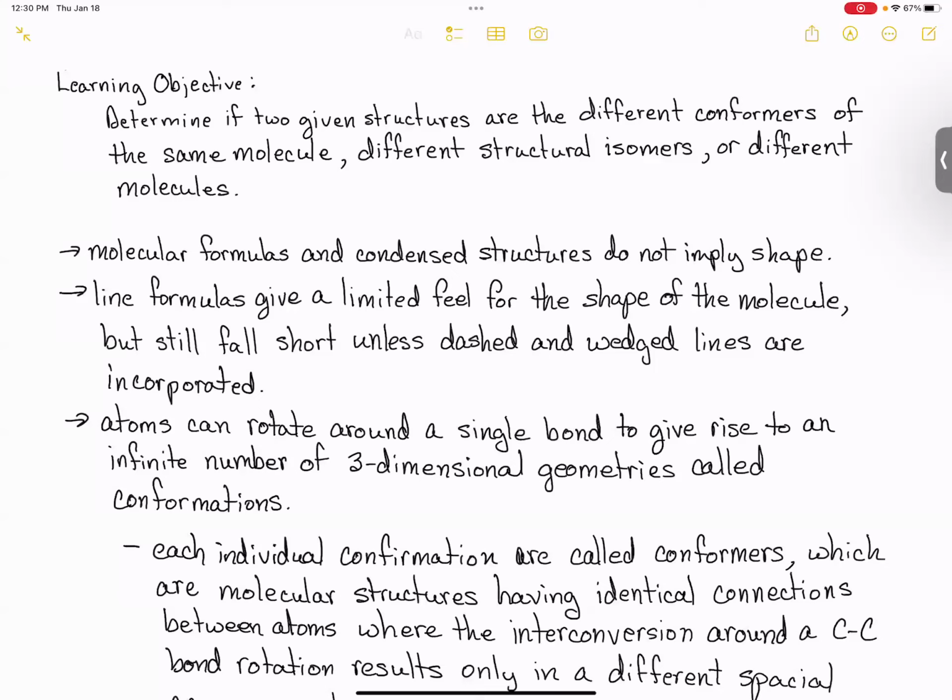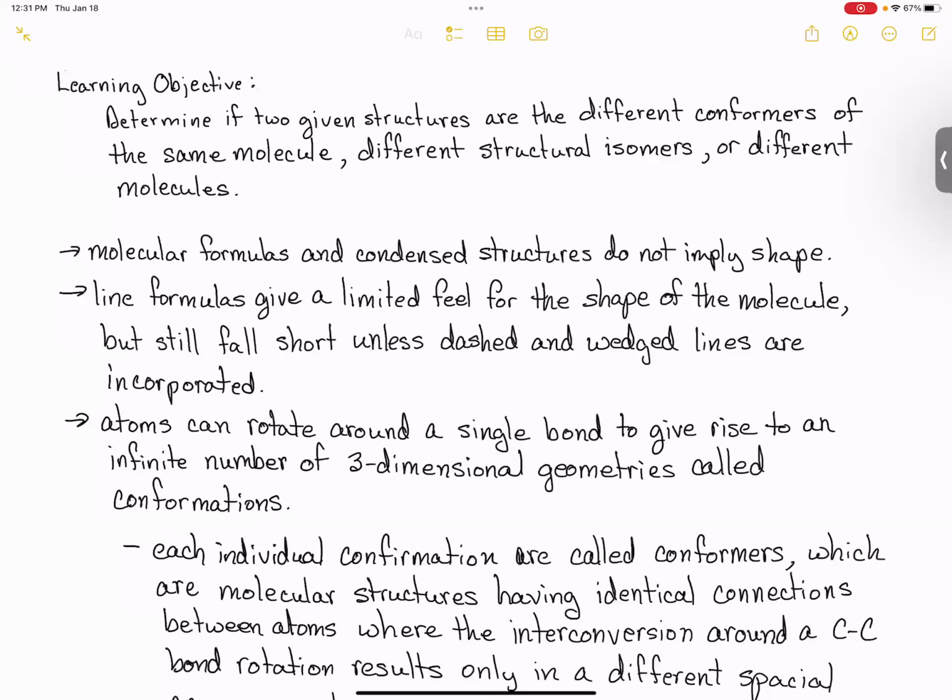Now, this is a challenge because we do not have a very good way to illustrate in a 2D format something that is 3D. And that's what molecules are. They are 3D structures. And you really have to think about the tetrahedral shape that the atoms in an alkane take.